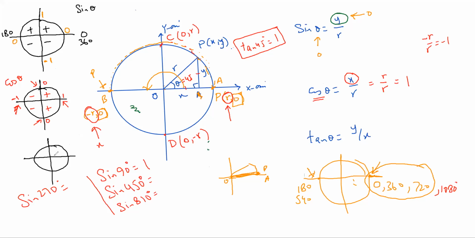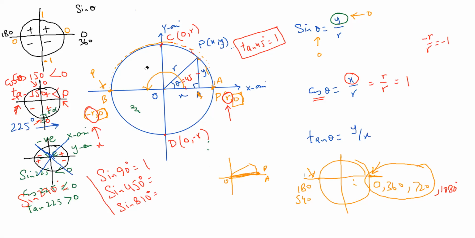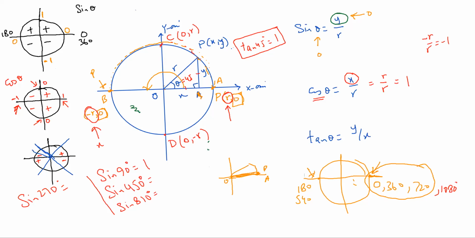Now tan is positive in this and in this, while it is negative here and here. I'm writing this small because there are some more values to be shown. Tan is 0 here because y is 0 here.